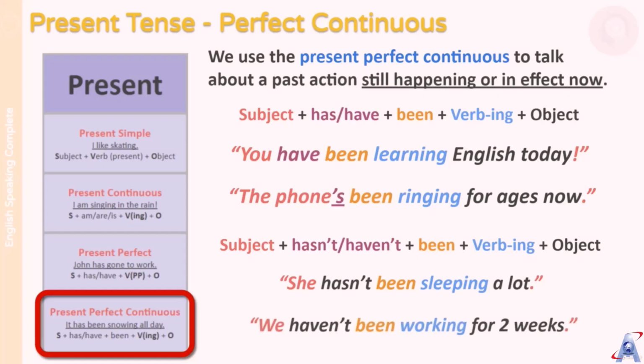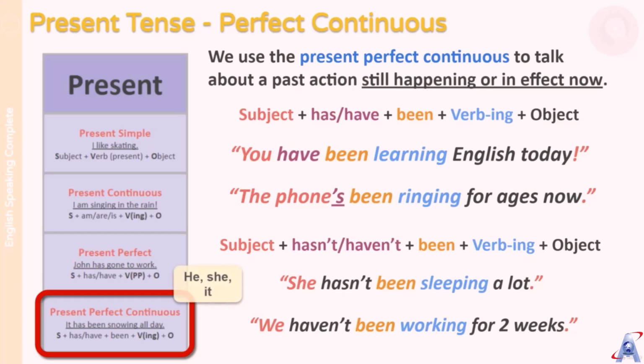We haven't been working for 2 weeks. Sounds quite good in a way, but possibly not too. We have not been working for 2 weeks. So there is the negative form of the present perfect continuous.